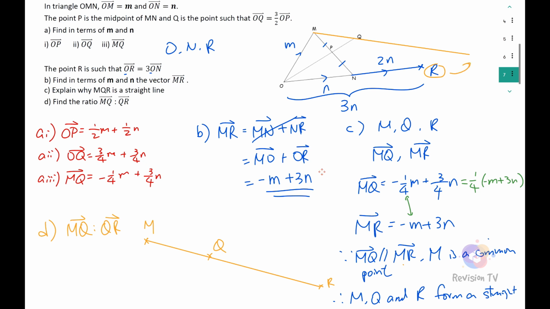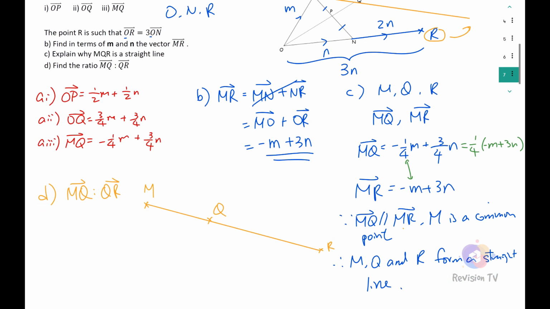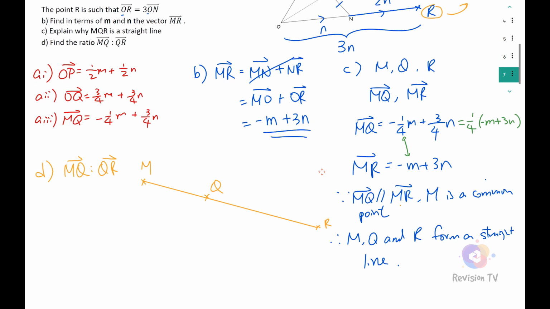Anyway, now we can use part C to help us work out this answer. We know MQ is a quarter of minus M plus 3N. MR is minus M plus 3N. What it means is MQ is a quarter of MR. So MQ, this part, is only a quarter of the whole line.